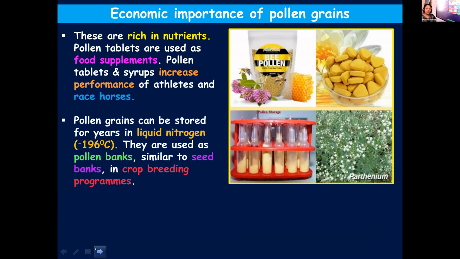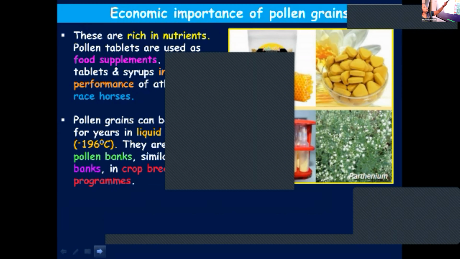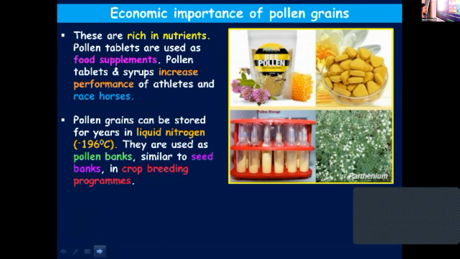And another advantage is that by storing these pollen grains in liquid nitrogen at negative 196 degrees Celsius, we can store it for many years. And just like seed banks, we can use them as pollen banks. And as and when we require, you can use it for crop breeding programs.